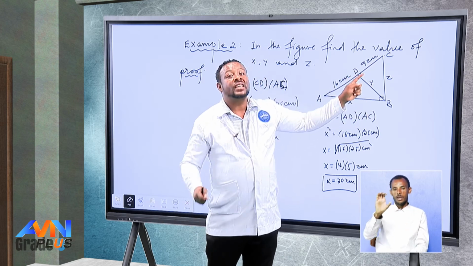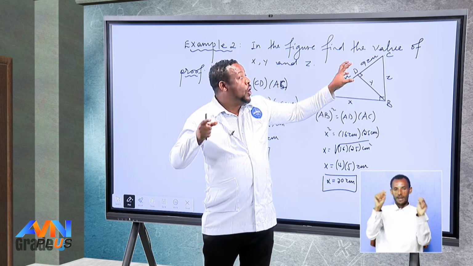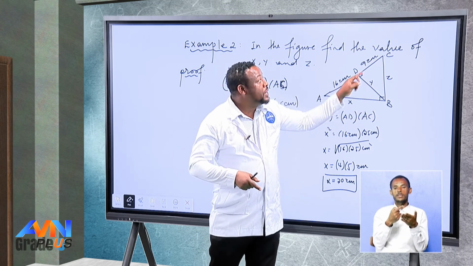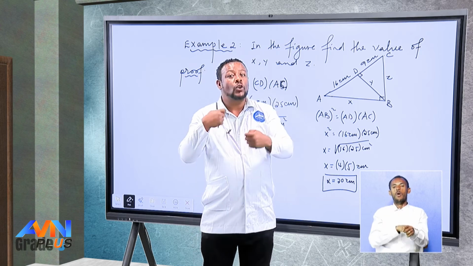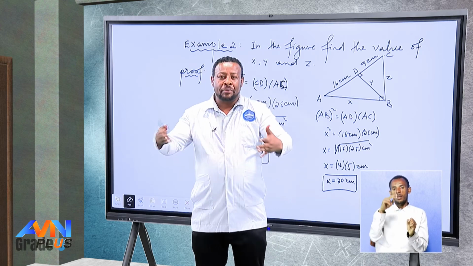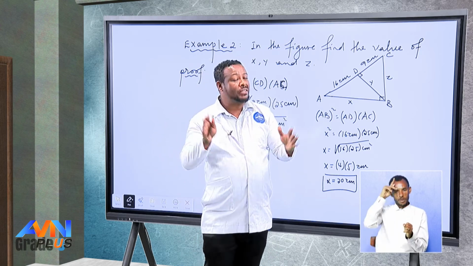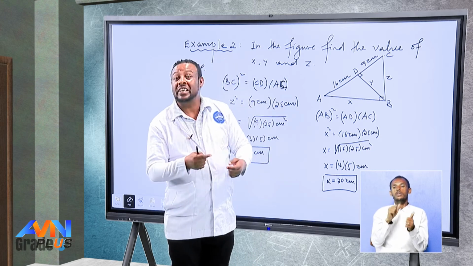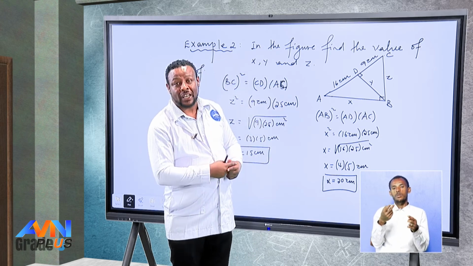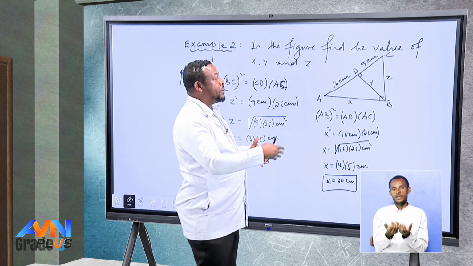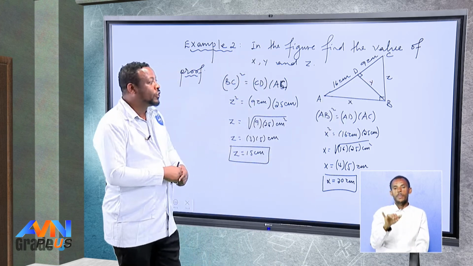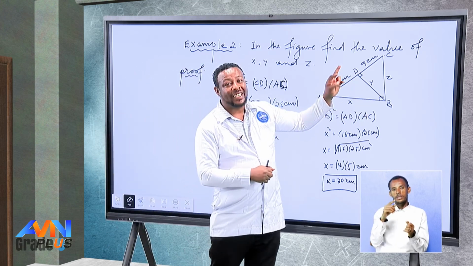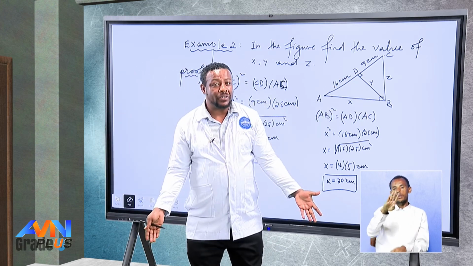Triangle BDC is a right angle triangle, and for triangle BDC, BC is the longest side. So you can apply the Pythagoras theorem, to obtain the value of y.